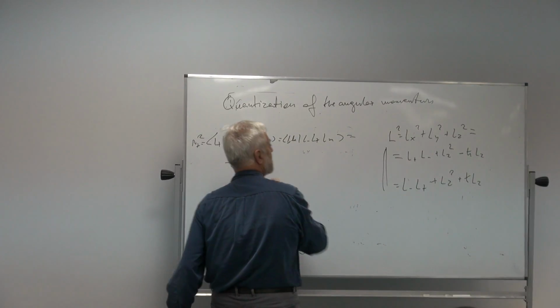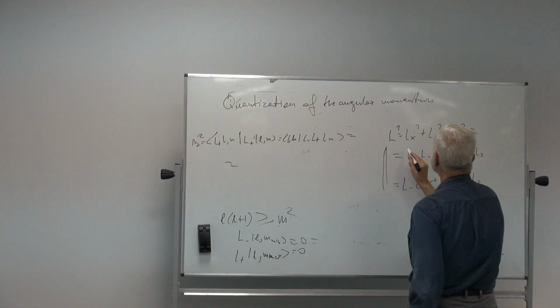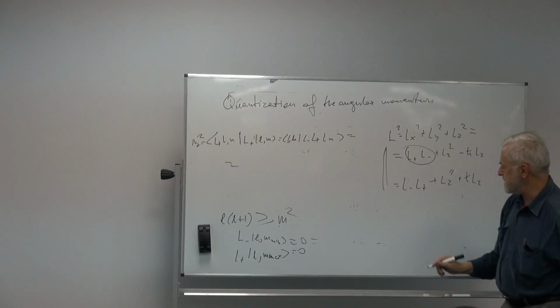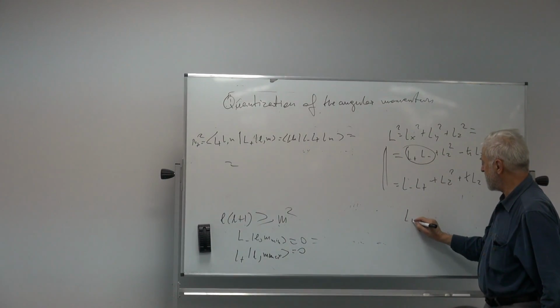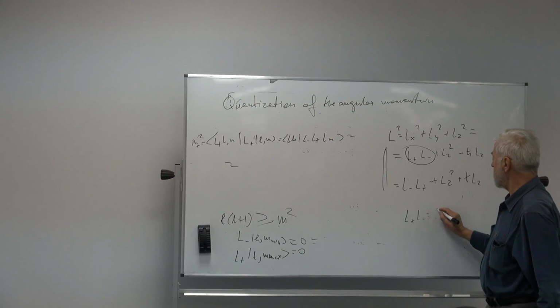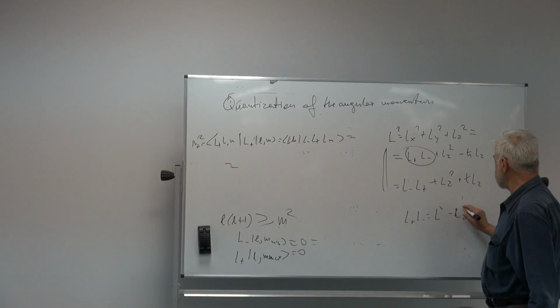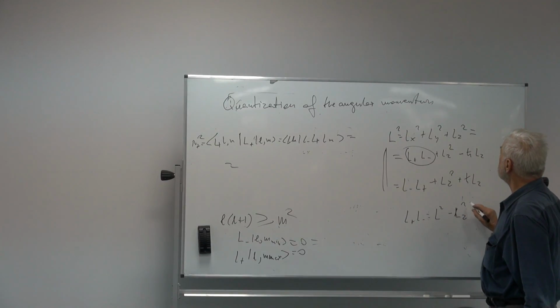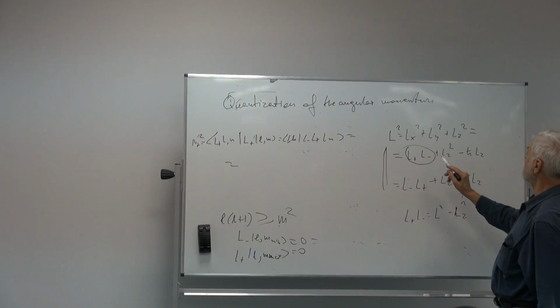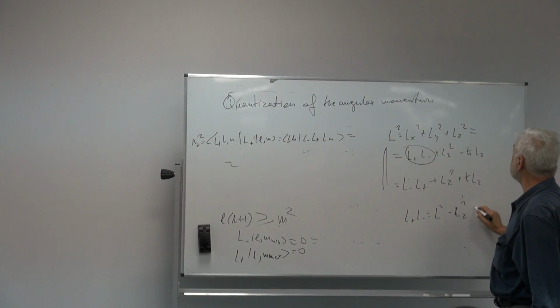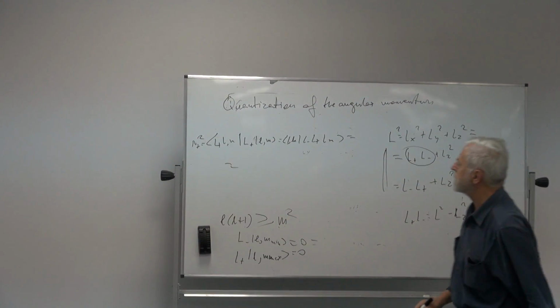And now out of this I can express this L minus times L plus as L squared minus L z squared plus h bar L z, is it correct? Probably. Let me see.